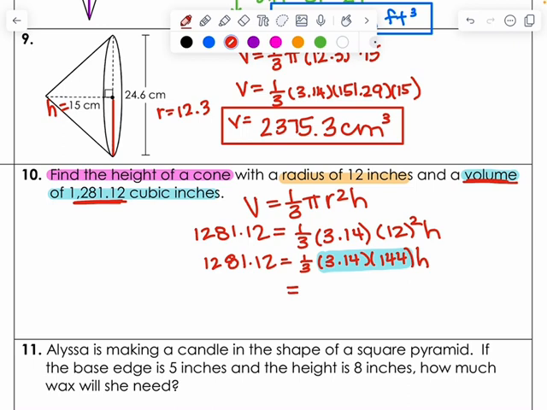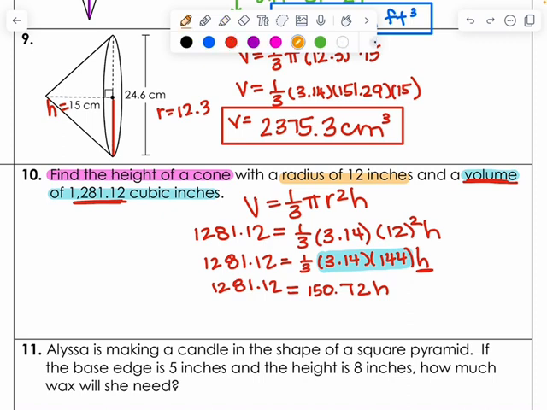Do you get 150.72? We still have this h right here. So now I want you to focus on this right here. We want to get h by itself. How do we get h by itself?